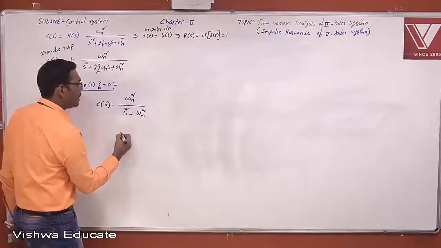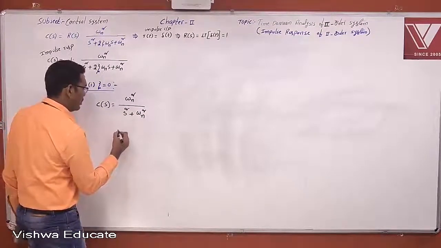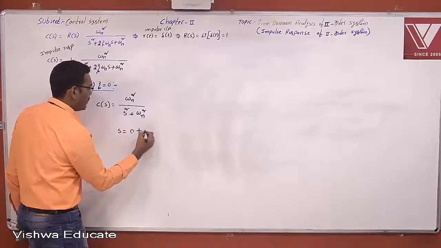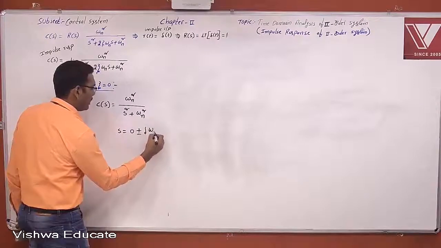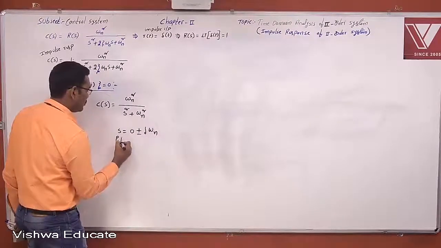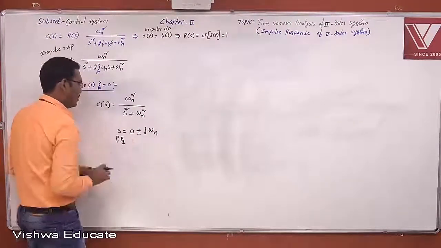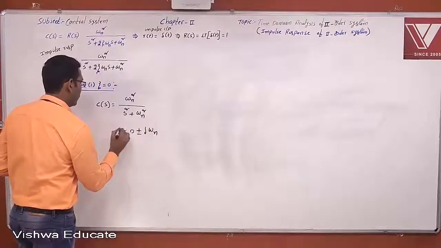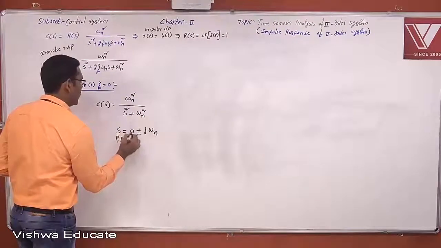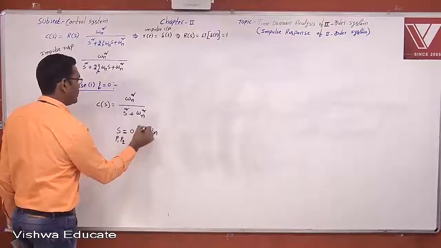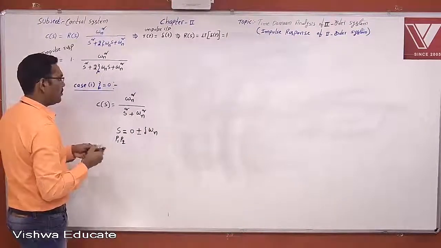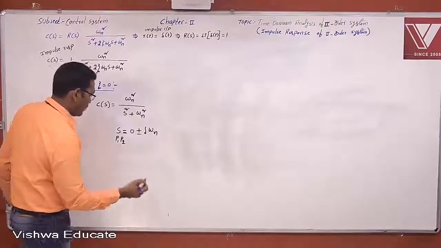Where is the pole location? S equal to plus or minus j omega n. These are the two poles P1, P2, at 0 plus or minus j omega n. The poles lie on the imaginary axis.